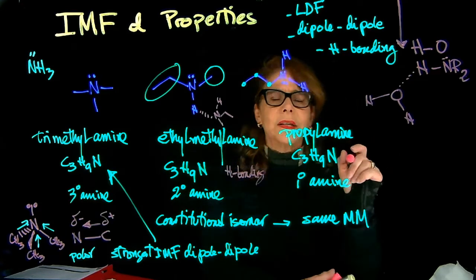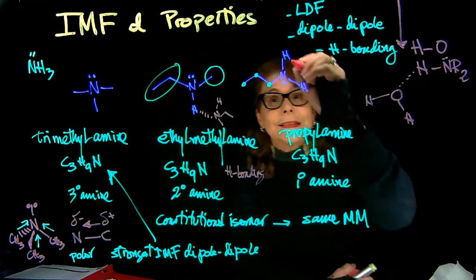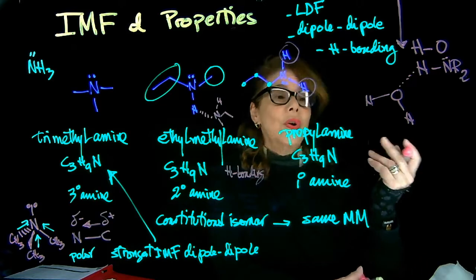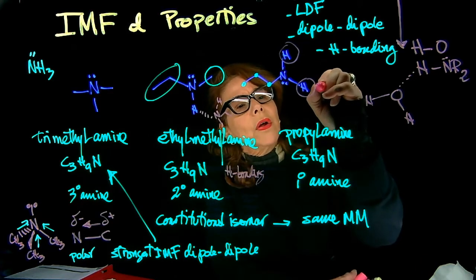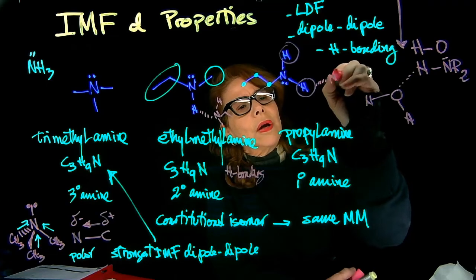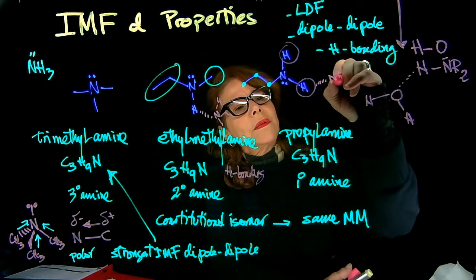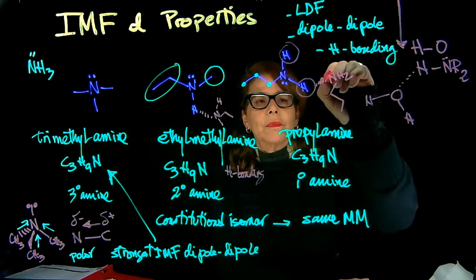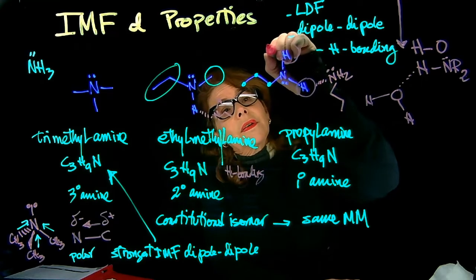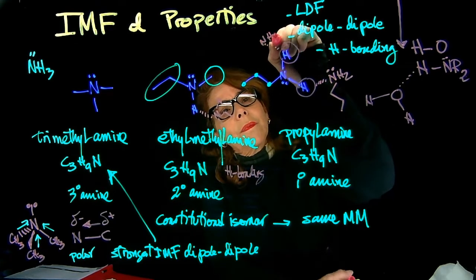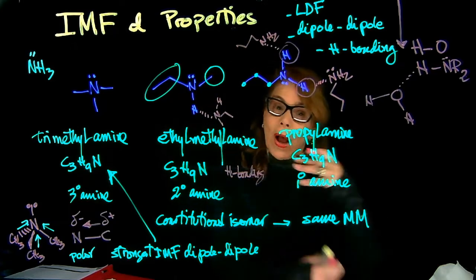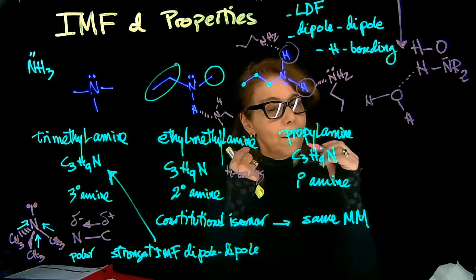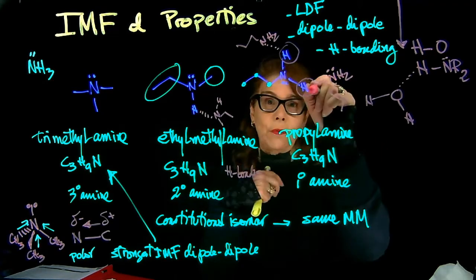Now let's analyze propylamine. In this case, I have two H's attached to nitrogen. Now we'll have more chances to do hydrogen bonding. Say that I draw one of those: I will have a nitrogen here, and I'm going to write NH2 just to simplify the drawing. That's another molecule, and I have chances of hydrogen bonding here too. So I have more opportunities to do such interactions, and more strong intermolecular forces overall.